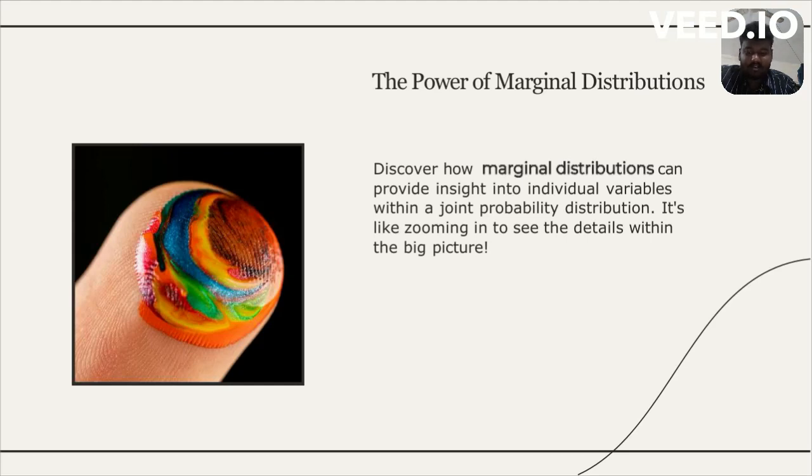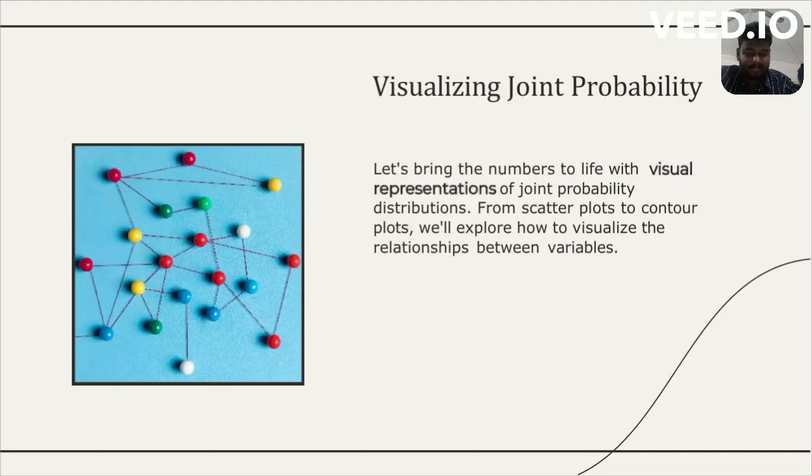The time you have to repeat yourself on the phone and your signal reception, the grade you receive in an exam and the amount of sleep you had the night before are some examples of joint distributions.